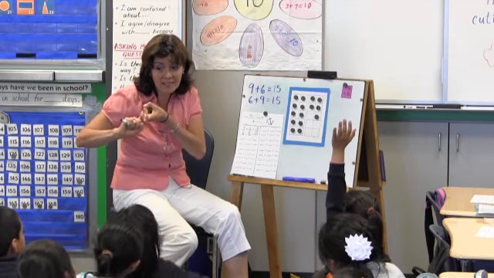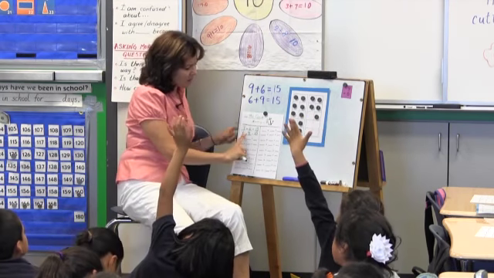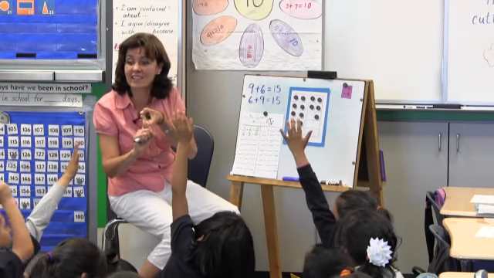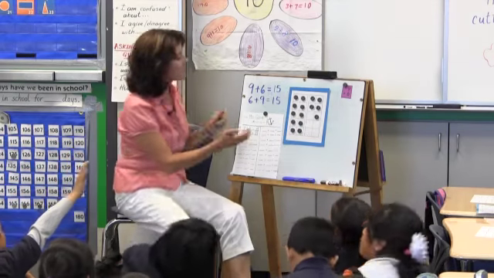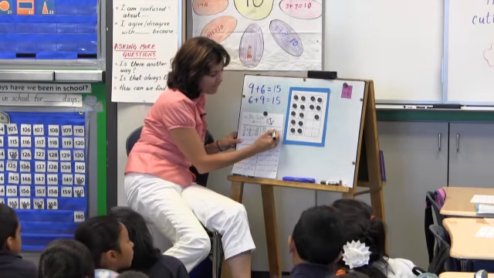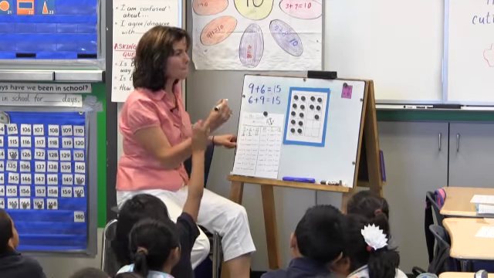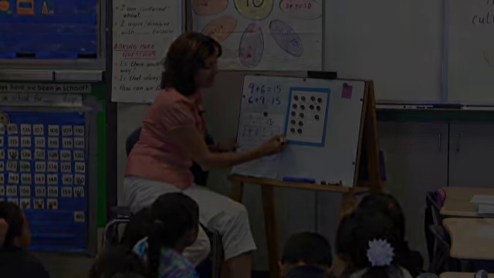Now we're going to be using the 10. It's here already. 10 plus 5 equals 15. All together now. 10 plus 5 equals 15. Which is the same as? 5 plus 10 equals 15.